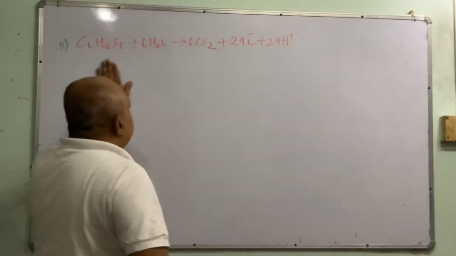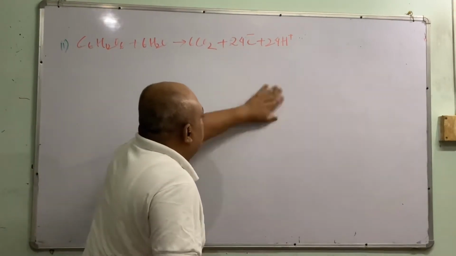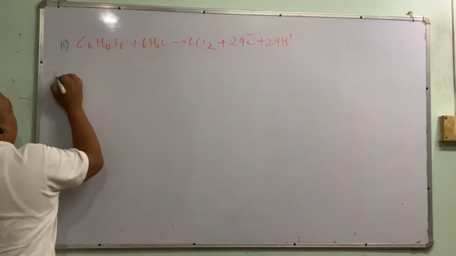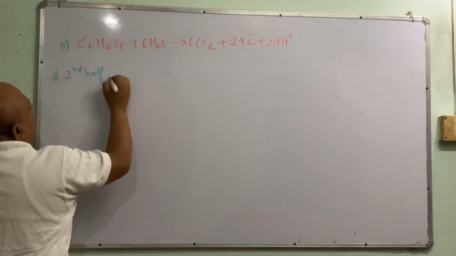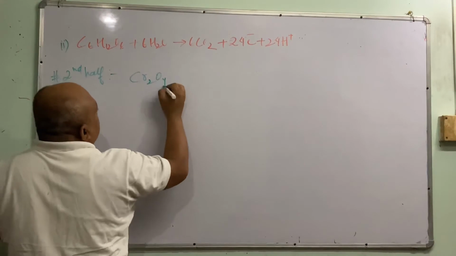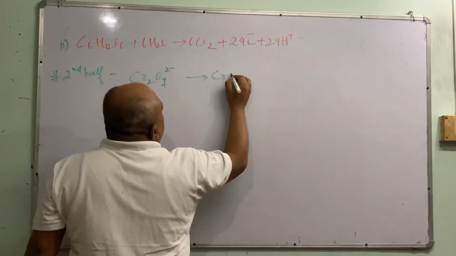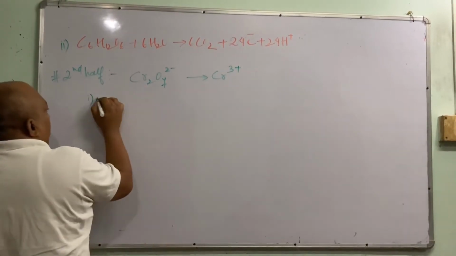The second part equation is the reduction of chromium 6 to chromium 3. I'll do it. See over here. The second half is your Cr2O7 2 minus going to Cr3 plus. What is the first step? Oxidation.